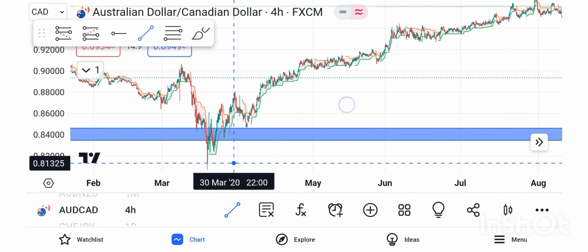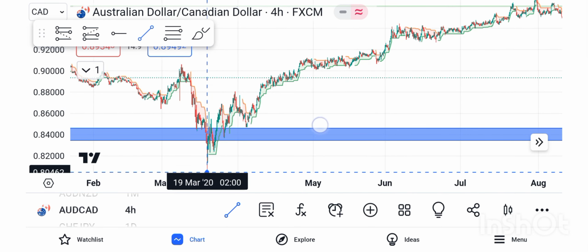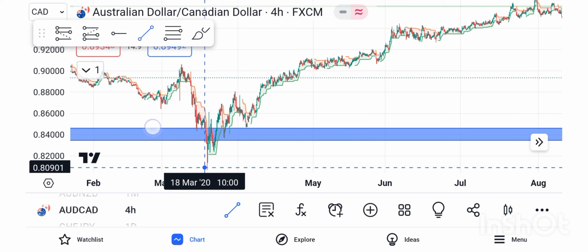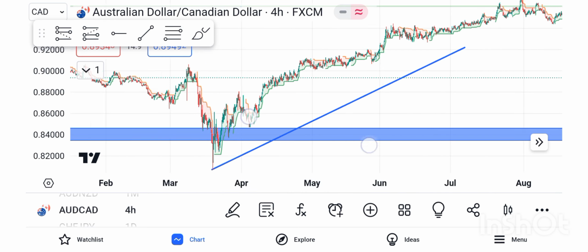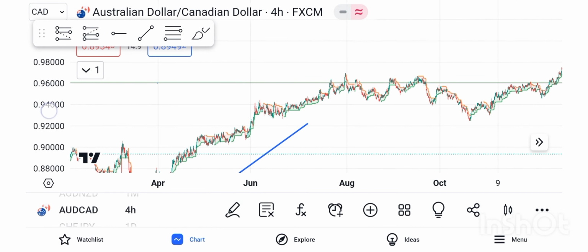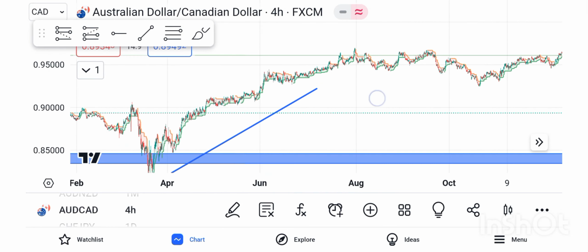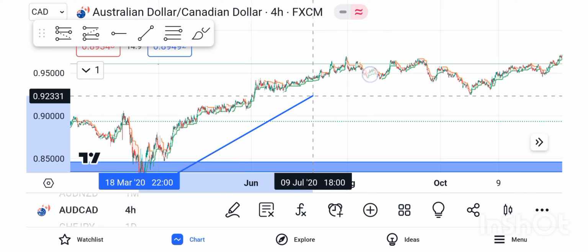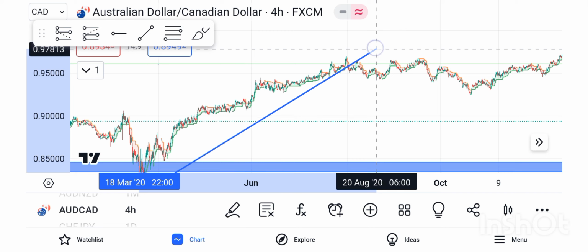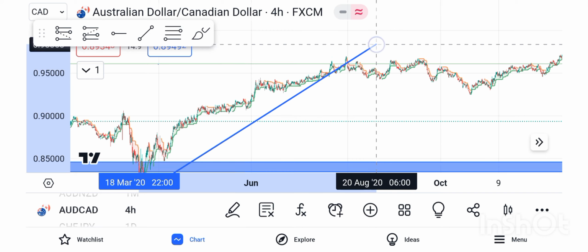Okay, so from this point down here, yep, we're just going to keep going until we get to, okay, so that would have been the first trend line. It broke it, but it didn't give us a, okay.